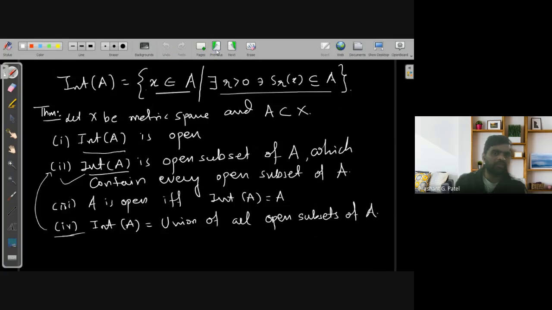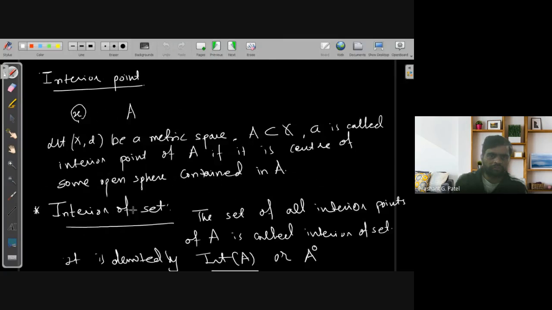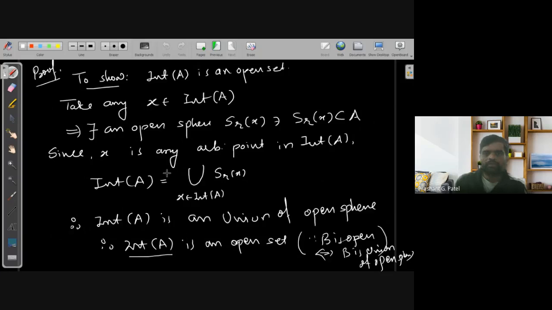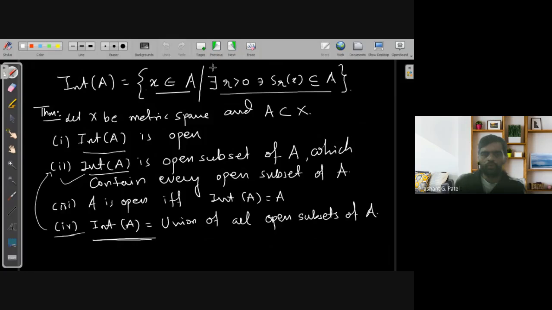Is it true? Also prove the fourth statement. The previous discussion which we have discussed here, that the interior of A is a union of this, also proves the last statement.